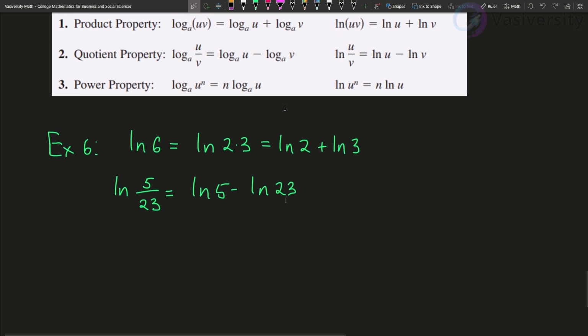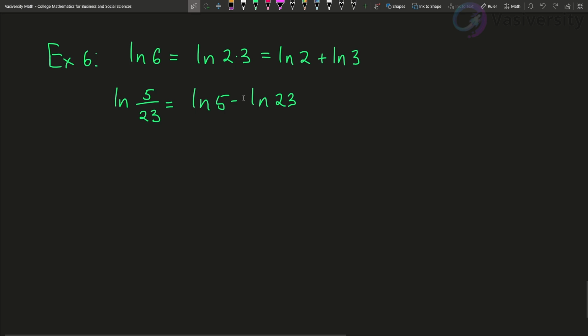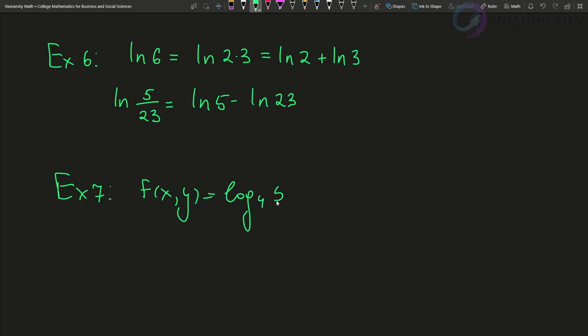And let's take a look at a more sophisticated example. It's going to be example 7. So let's say we have f of x, y is equal to logarithm base 4 of 5x cubed y. Okay, so I'm going to put parentheses, meaning that we're applying the logarithm of base 4 to this expression.